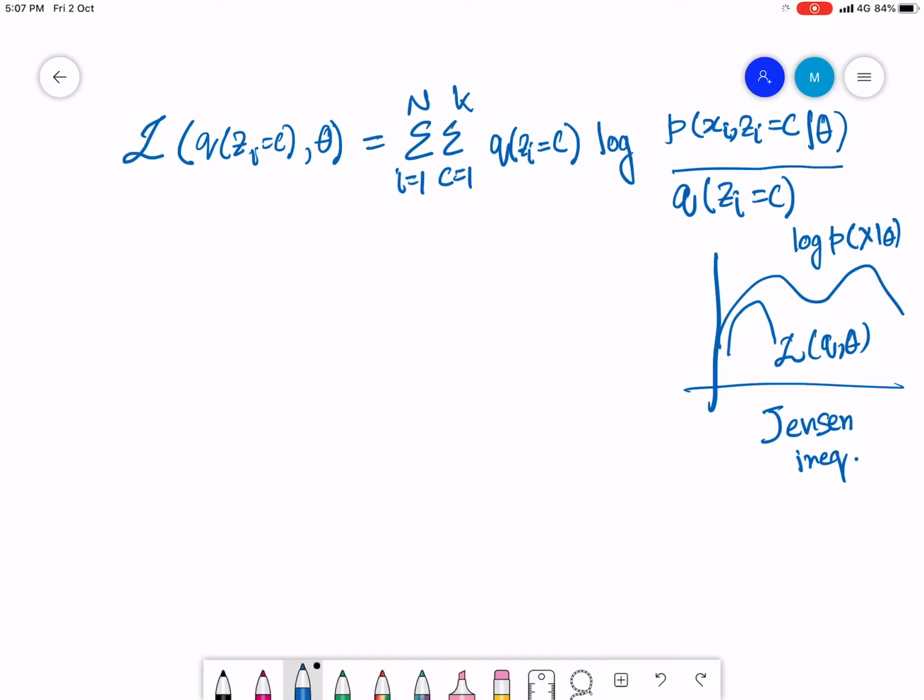So in our E step, keeping theta fixed at theta k, we wanted to maximize this L with respect to q.